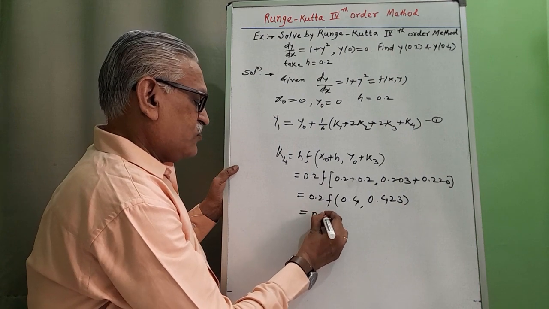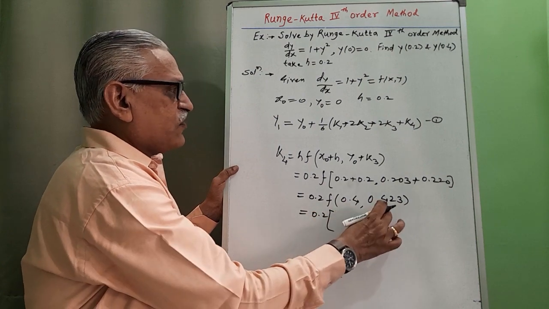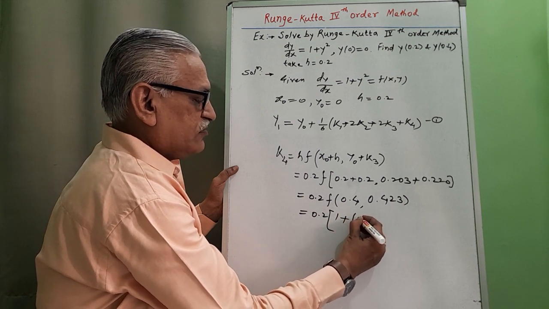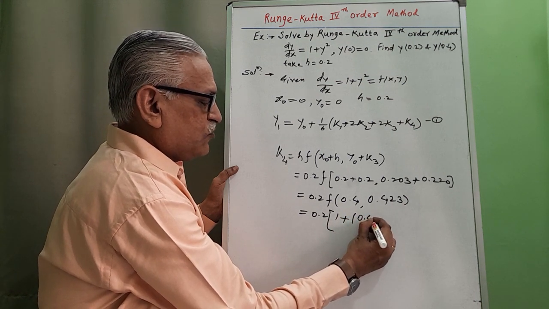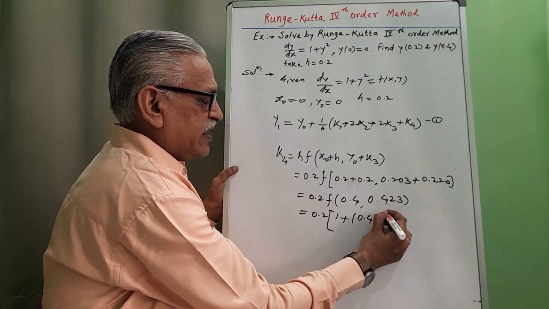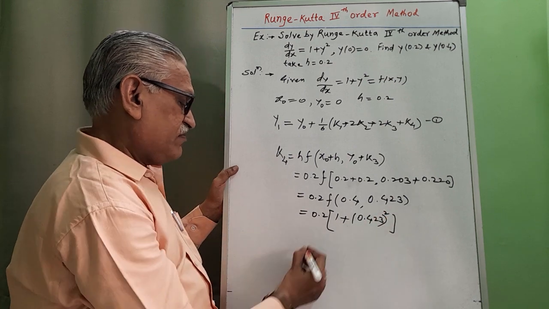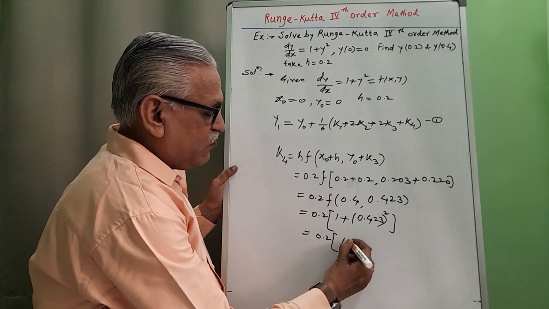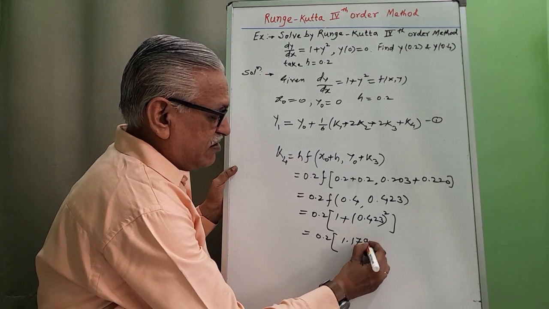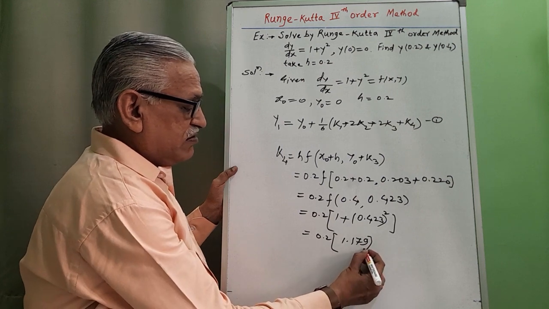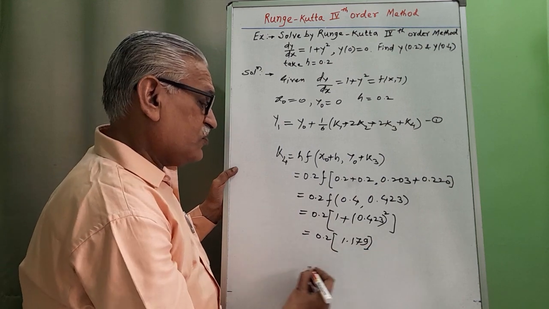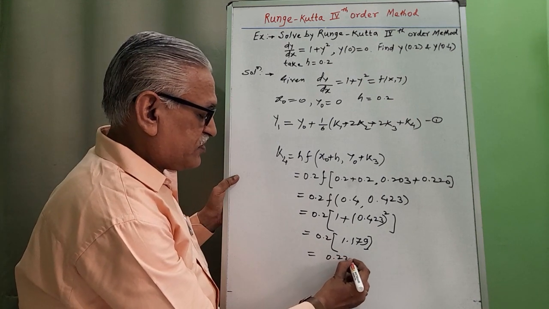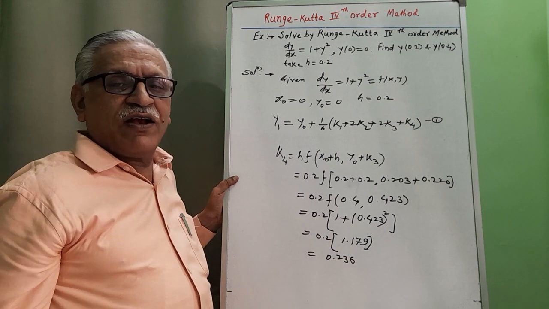It is 0.2 into f of x y is 1 plus y square, and therefore it is 1 plus y is 0.423 and its square, 0.2 into 1.179 multiplied by 0.2, we get that value as 0.236 is the value for k4.